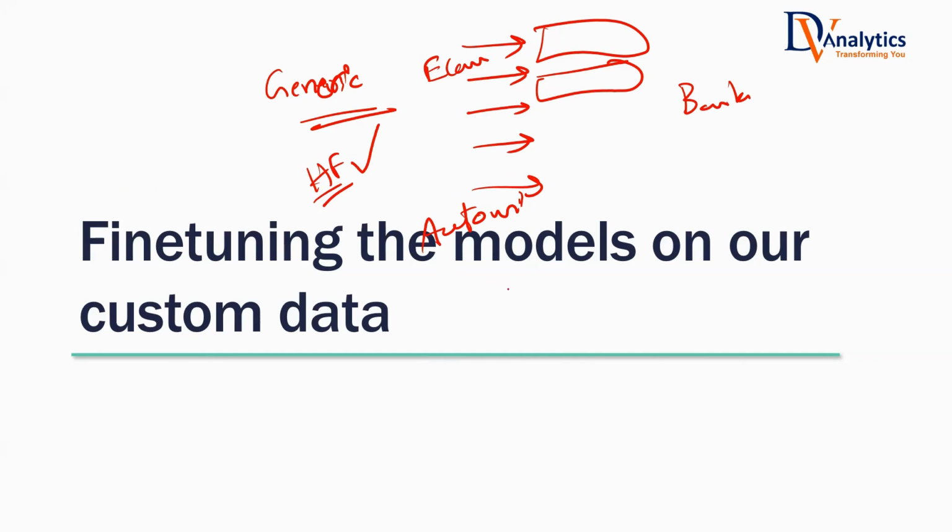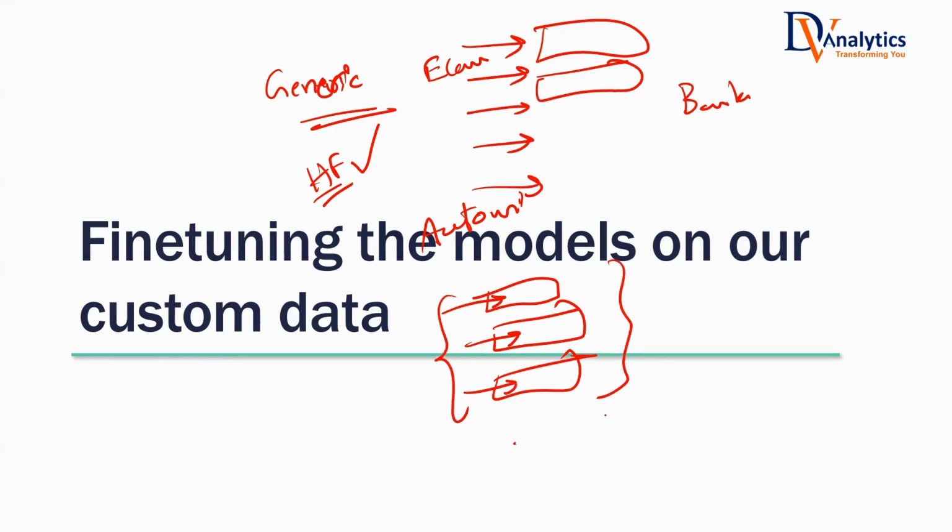But if you're talking about very niche problem statements like this, where I want to divide them into whether they belong to department A, department B, or department C, if you want to divide them into very niche classification related to your data, then you may have to fine tune.